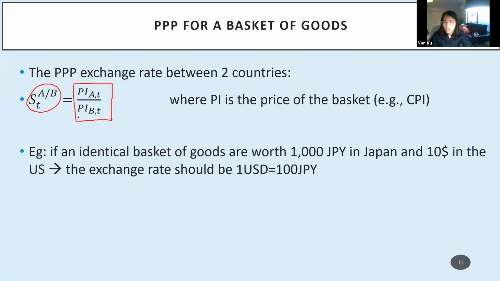So for example, if I have an identical basket of goods that is traded at 1,000 yen in Japan and $10 in the US, then if I want to compute the exchange rate between the USD and the yen, this is the yen per USD, okay?